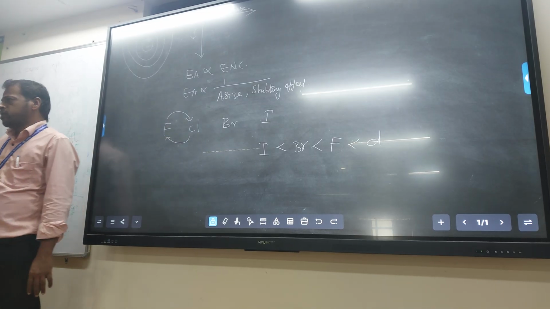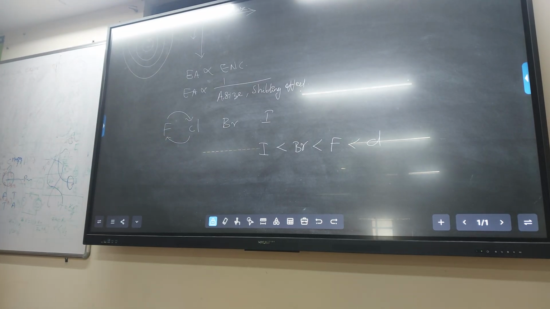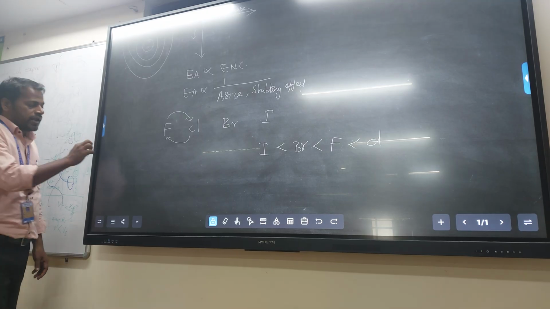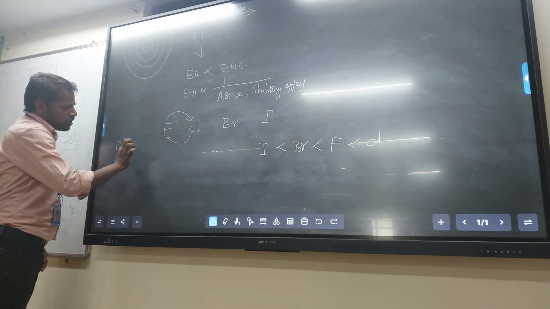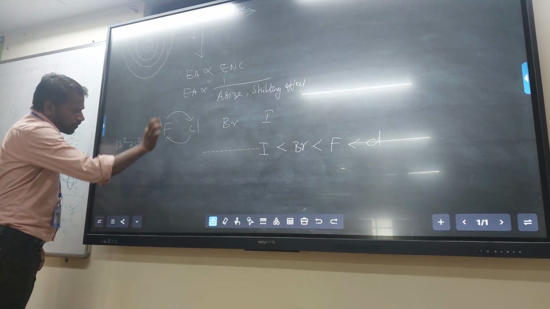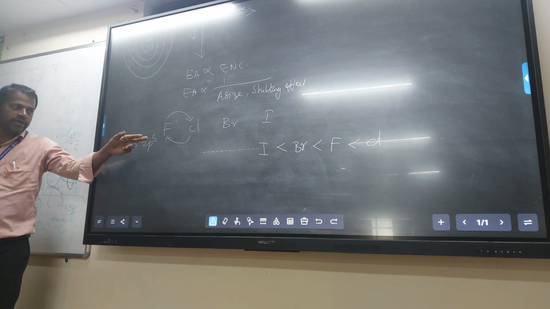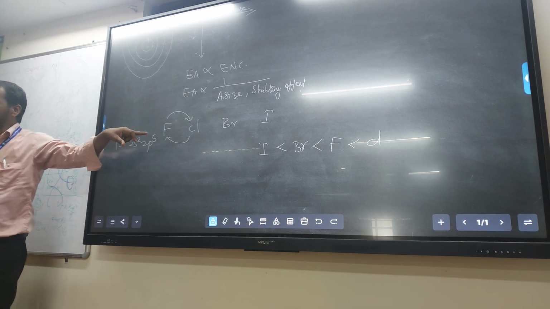When you add the electron in the p orbital of the fluorine atom, electron repulsion is there. Think about it: what is the configuration of fluorine? Atomic number 9: 1s2, 2s2, 2p5. When you add the electron, it attains the noble gas configuration.